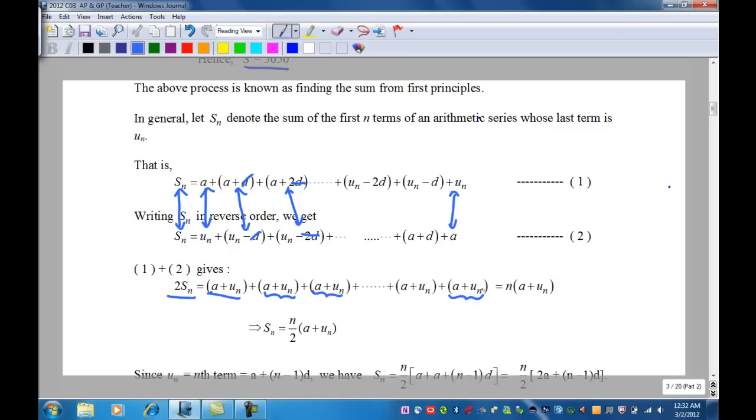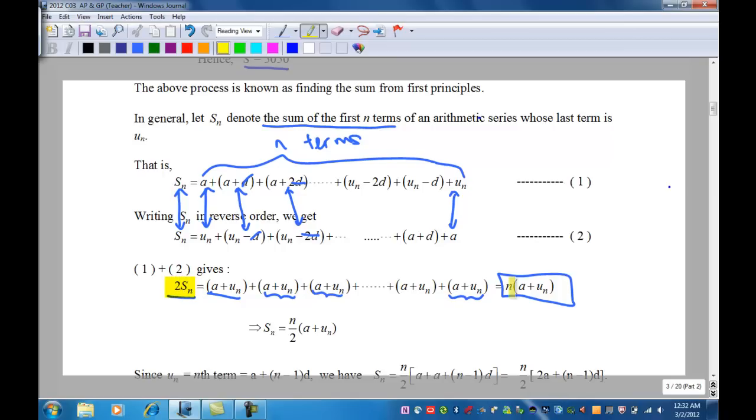Now, how many a plus u subscript n do we get? We know that we are adding how many terms here? n terms, because we were finding the sum of the first n terms of the AP. And therefore, we of course have n of a plus un.